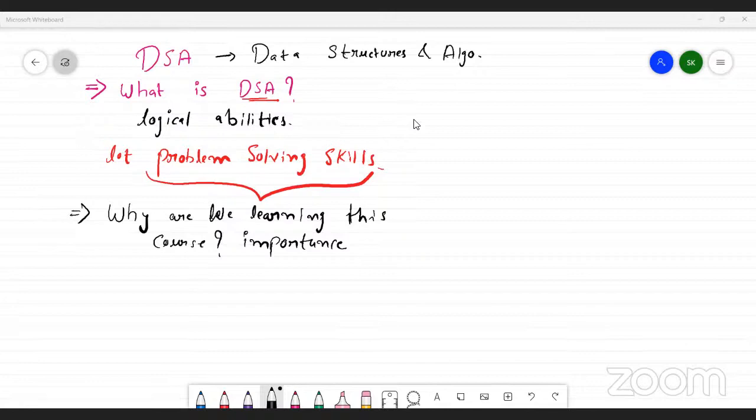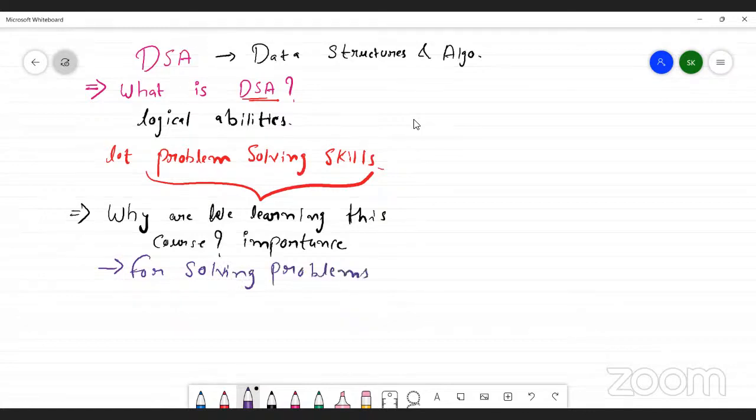Okay. So let's see. Obviously, the first reason can be problem solving skills. Correct. For solving problems and improving your logical ability. What can be the second probable answer for that?